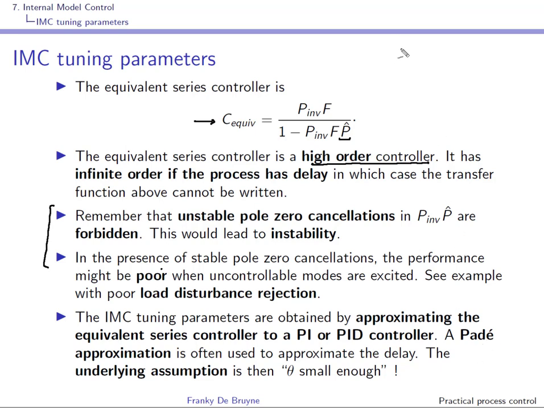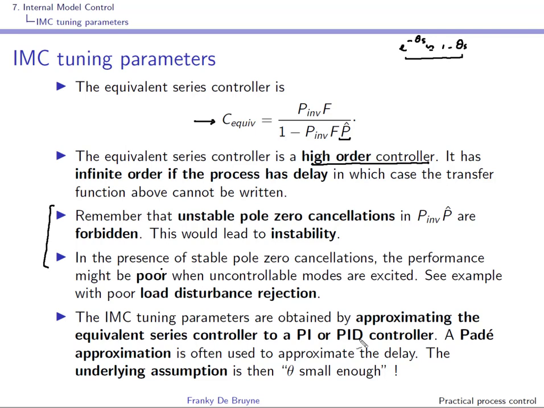A Padé approximation is, for instance, exponential of minus theta s is approximately 1 minus theta s, and this is obtained from the Taylor series of the exponential. So in this equivalent series controller, if you do that type of approximation, often you come up with a PI controller or a PID controller, right? And then you obtain the IMC tuning parameters.